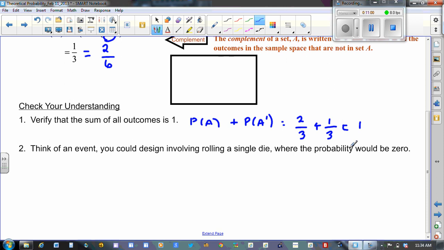So we have 1 whole. So we have verified that particular property for our example, and it does verify for all situations.